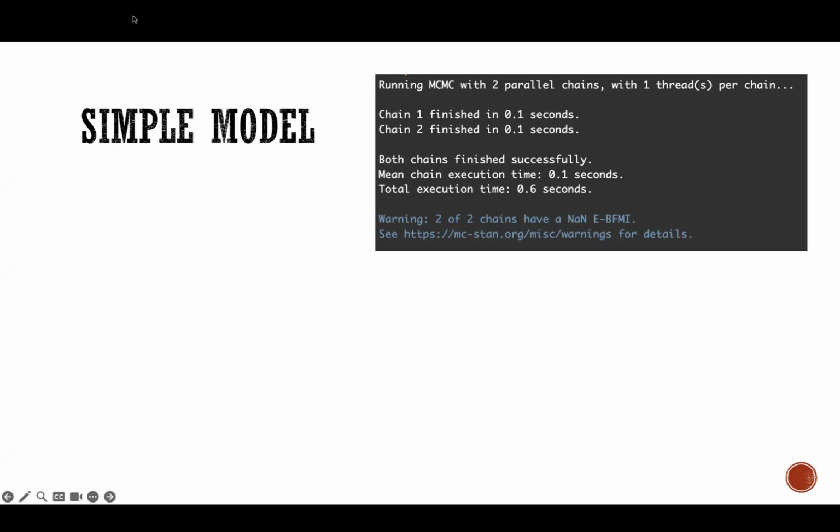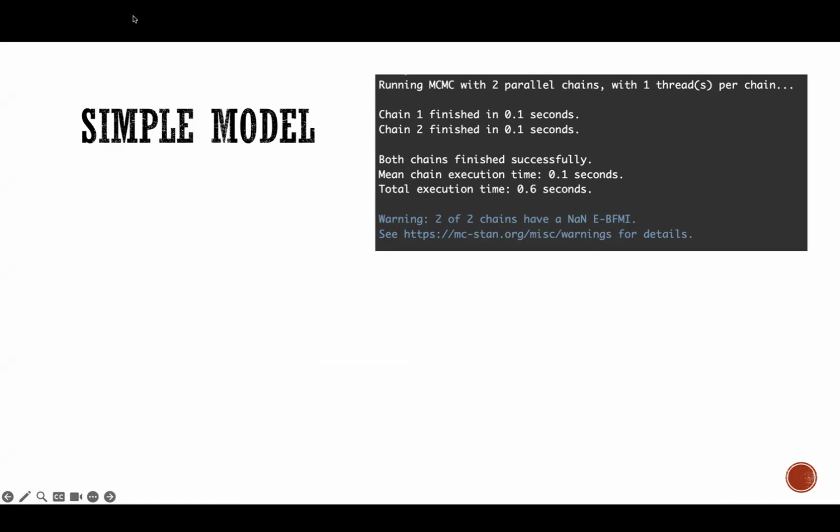We're trying to evaluate whether the chains are exploring the posterior space in an equally spaced and distributed way, and instead of a measure of how well they're exploring, they're just an array of NaNs, not a number.